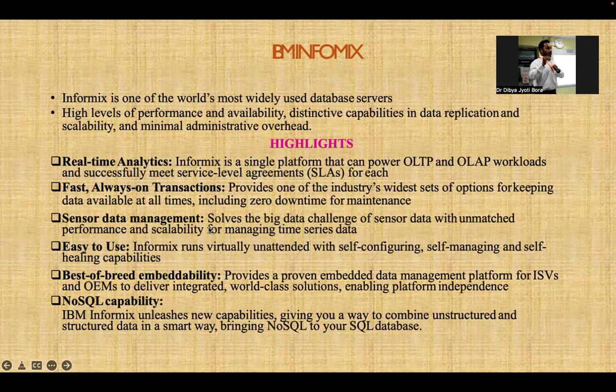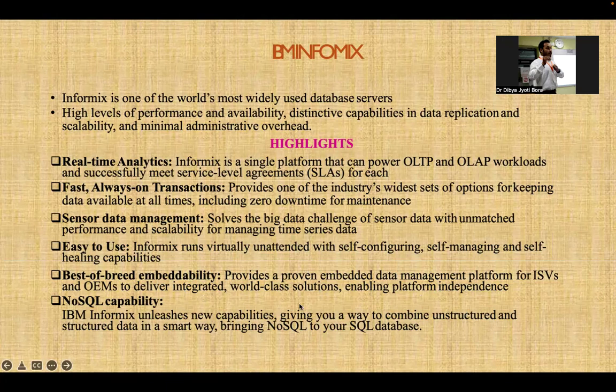Sensor data management solves the big data challenge of sensor data with unmatched performance and scalability for managing time series data. Then easy to use, then best of breed embeddability provides a proven embedded data management platform for ISVs and OEMs to deliver integrated world-class solutions enabling platform independence.